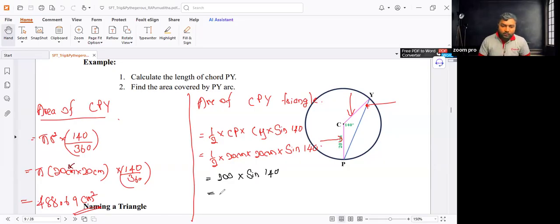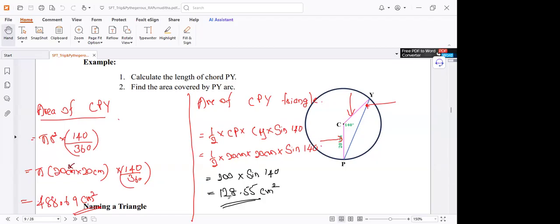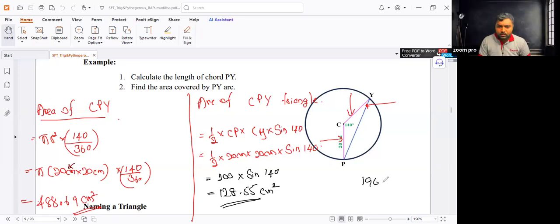The answer is 128.55? Or any different answer for you? Isn't it 196.04?